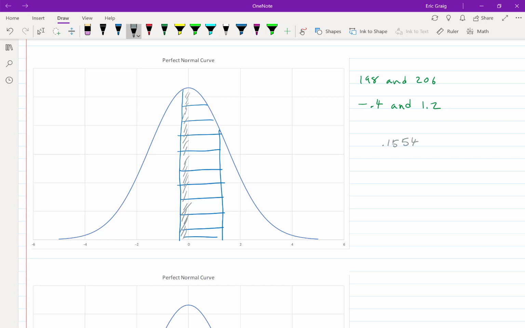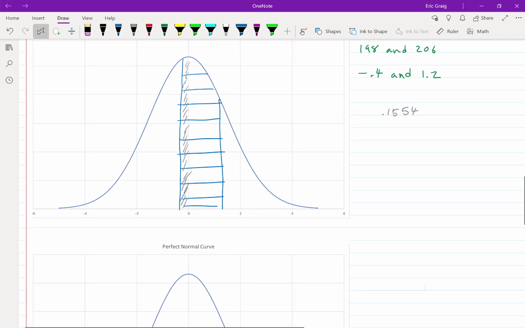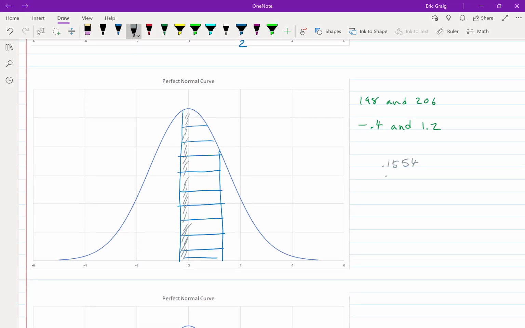And then going back to our earlier problem, we found the probability, this red area here, is 0.349 and change. Won't worry about those decimals, but let me color that in. I'll do it in green.